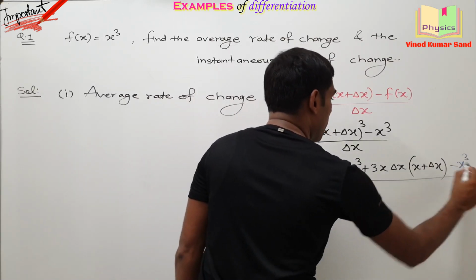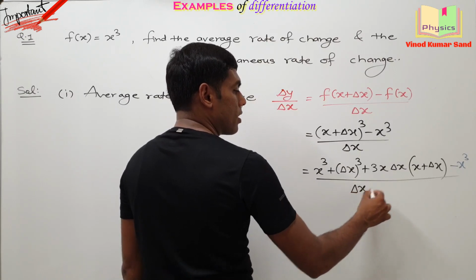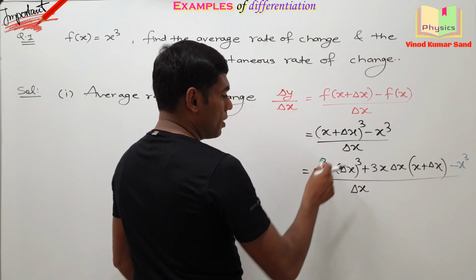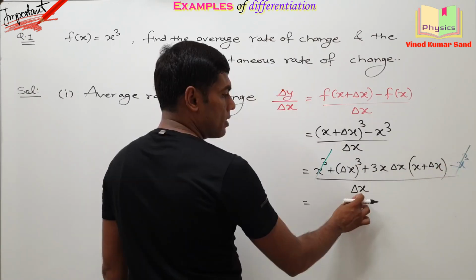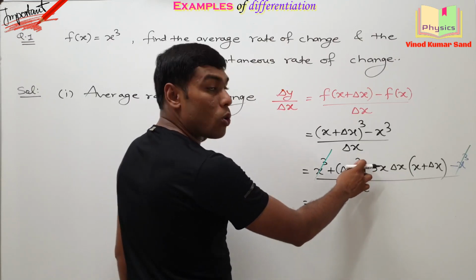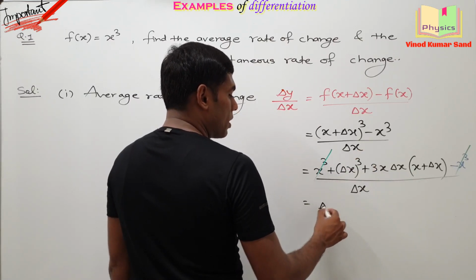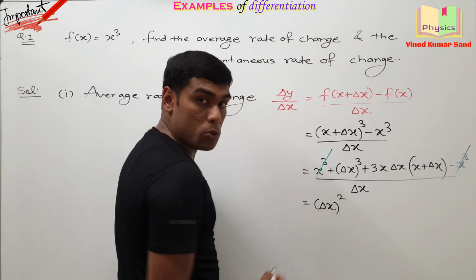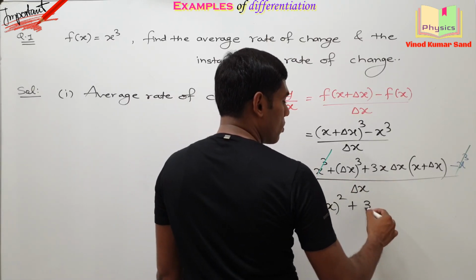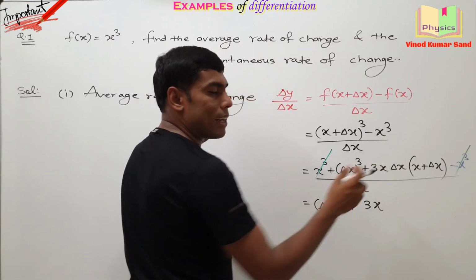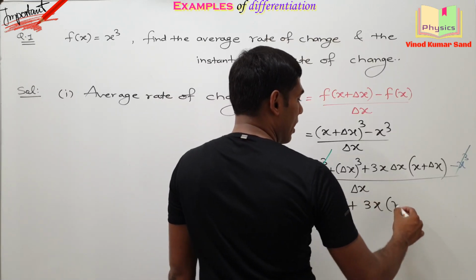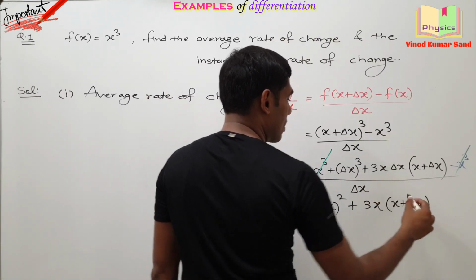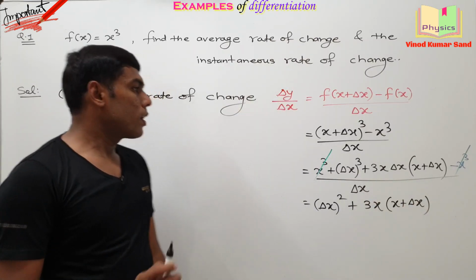This all divided by del x. x cube and x cube get cancelled out. This del x and this del x whole cube. So you are left with del x whole square plus 3x(x plus del x). This del x and this del x get cancelled out. Done.